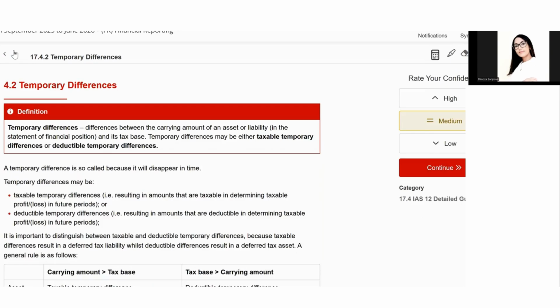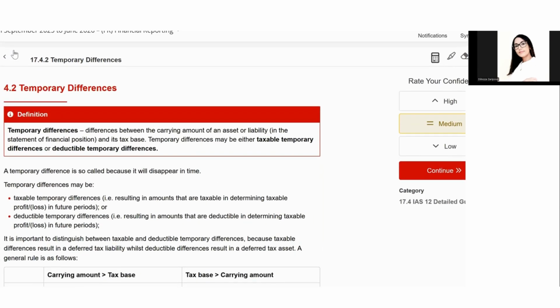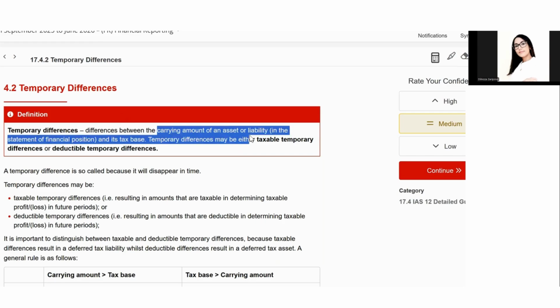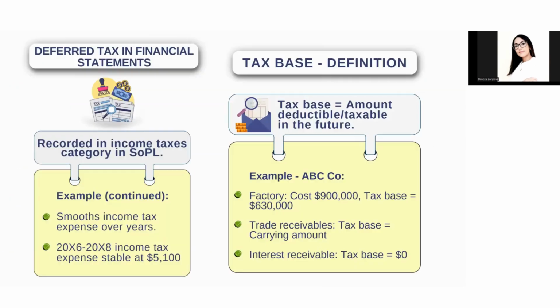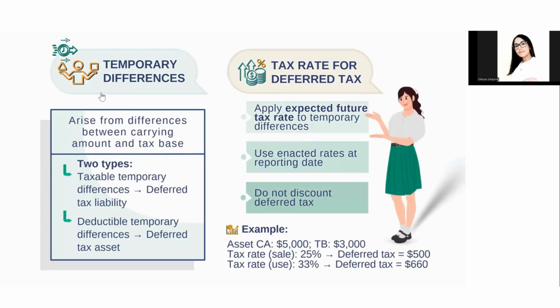So we will now look at what temporary differences are in more detail. They are the differences between the carrying amount of an asset or liability and its tax base. Temporary differences arise from differences between carrying amount and tax base, right?